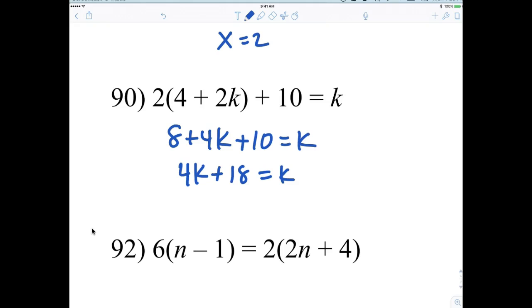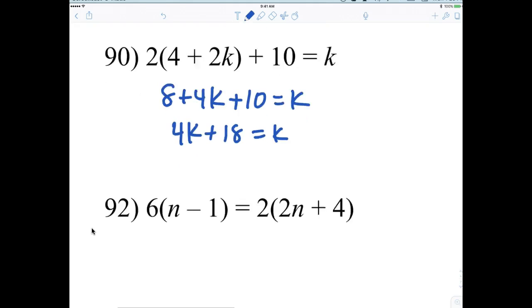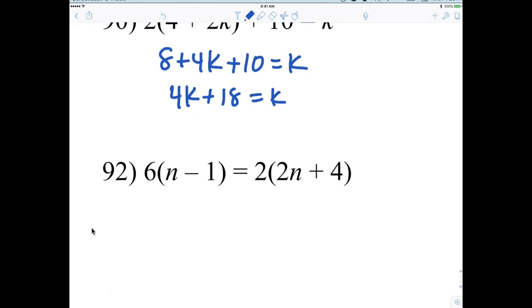And now what? Everybody good? So k equals -6. Now remember, you've got to let me know right away if you're having trouble, okay? You don't want to sit there.